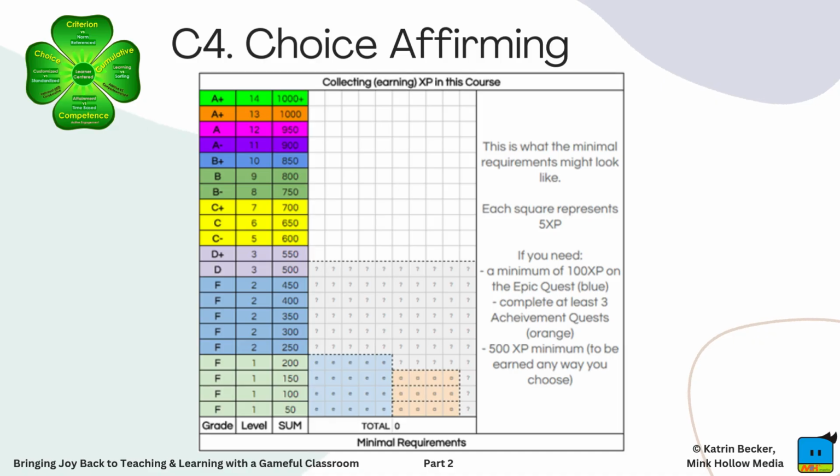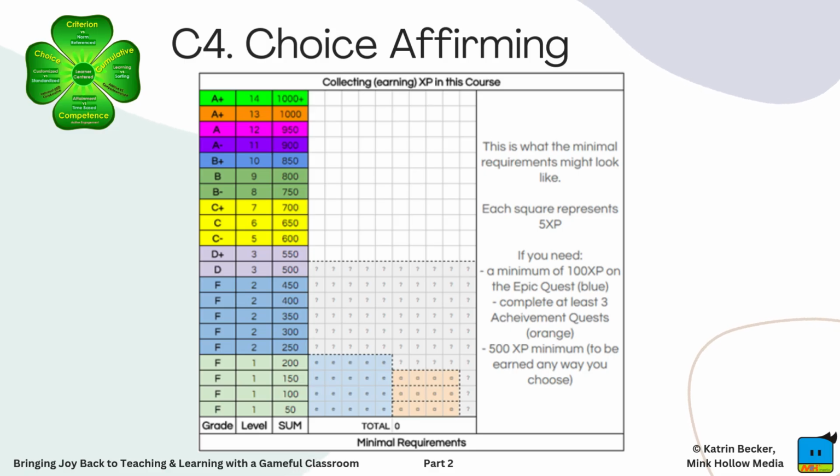I have overlaid some minimal requirements that they absolutely have to do in order to pass the course, and I make it quite clear to them that these are absolute requirements. You don't do this, doesn't matter how many points you have, you're not getting through. I've never had a problem with anyone not being able to meet the minimum requirements.